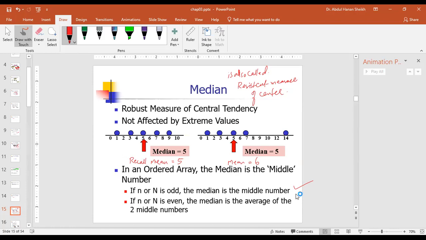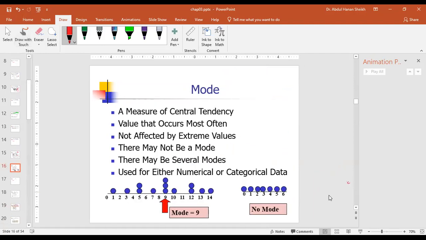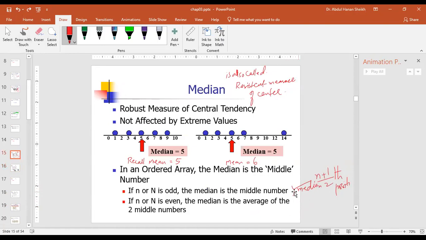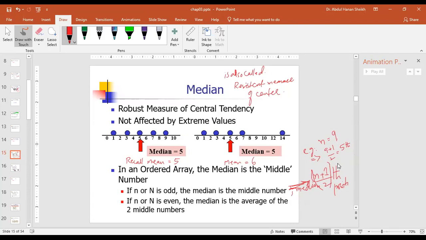So if n is odd, median is at the (n plus 1) divided by 2th position. This is its position in this case, when it is odd. For example, if n is 9, this means 9 plus 1 divided by 2, so the fifth value is the median.